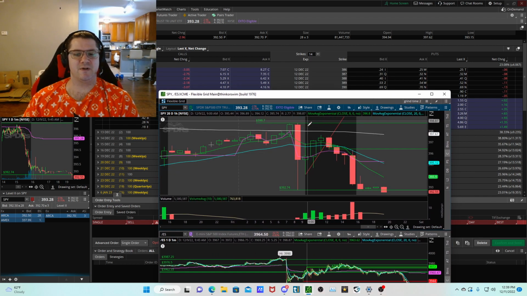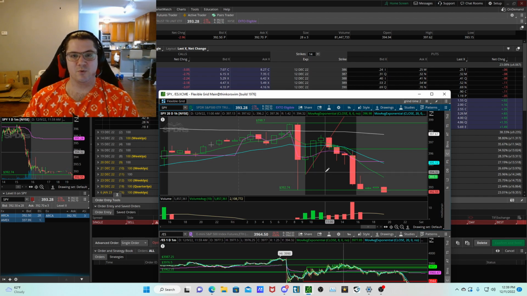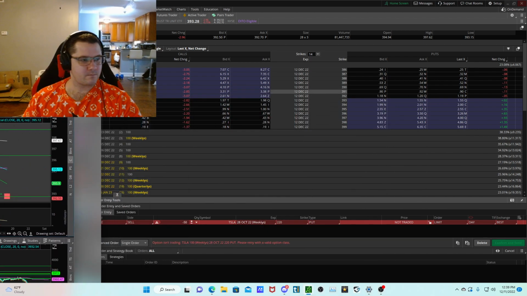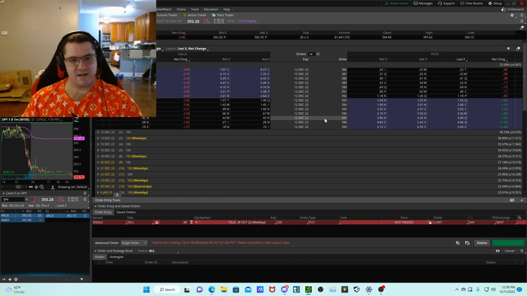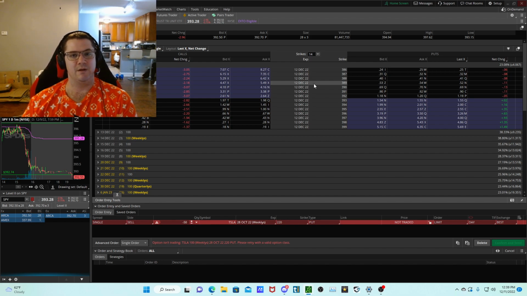This is how I'm finding the strike prices that I'm looking for to trade on Thinkorswim. Calls versus puts doesn't matter. As I'm doing that, depending on the pattern I see setting up on SPY or the levels it's running to, and whether I have a bullish or bearish mindset, that's how I figure it out.